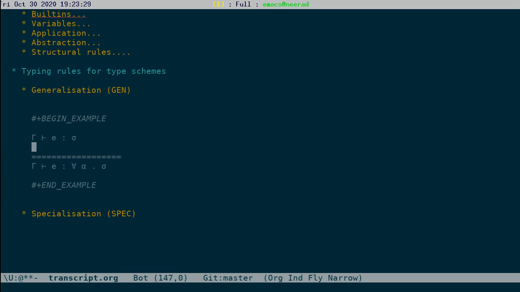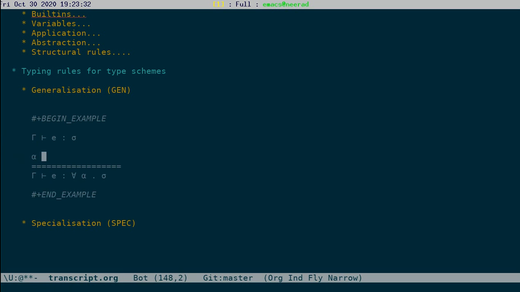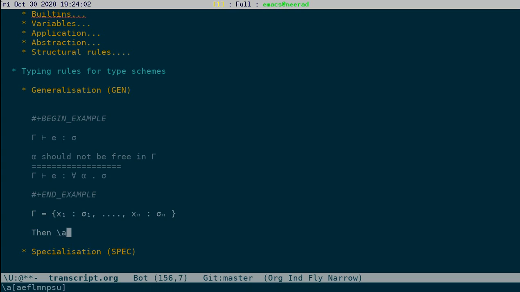But there is a condition, which is that alpha should not be free in gamma. What do we mean by that? Say the assumption gamma is the set x1 has type sigma 1, dot dot dot, xn has type sigma n. Then alpha should not be free in any of the type schemes sigma i.